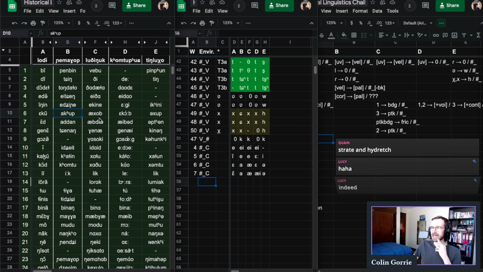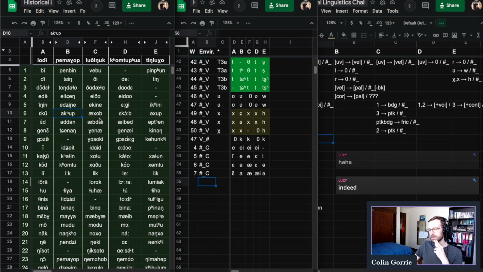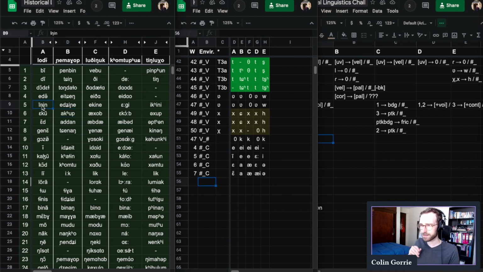It could be an M, although I think maybe something like a prenasalized stop might work as well, because we see this kind of pattern where we have nasal vowels right before.